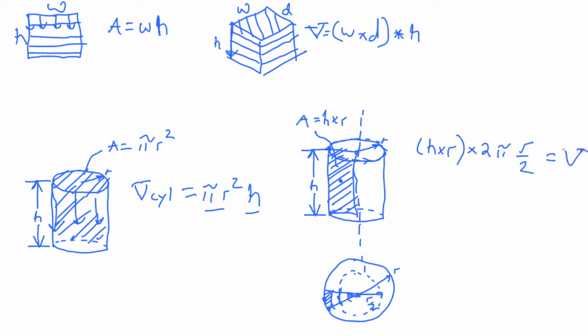That's equal to the volume of a cylinder. And we just have to do a little math here, a little algebra, and we'll see that we have pi r squared h equals the volume of a cylinder. See the 2's cancel out. We have 2 r's, pi h. That's the same formula as I just derived using the other method.